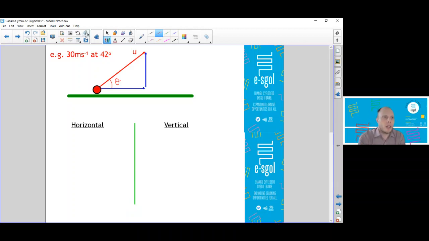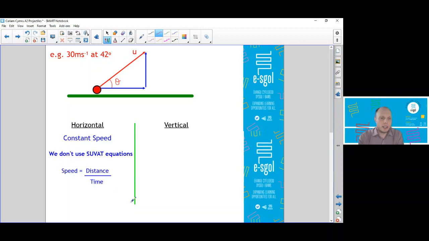Okay, so on the horizontal side, the most important thing to know is that this value here, this u cos theta, is constant. It does not change at any point during the question because we are using a particle model and we're ignoring air resistance. Okay, so u cos theta, once you know it, or the i direction if it's a vector, is constant.